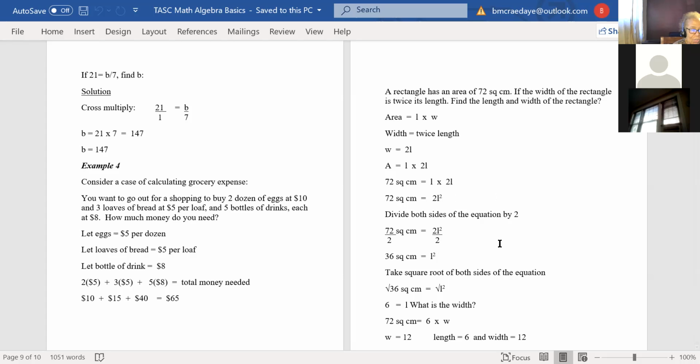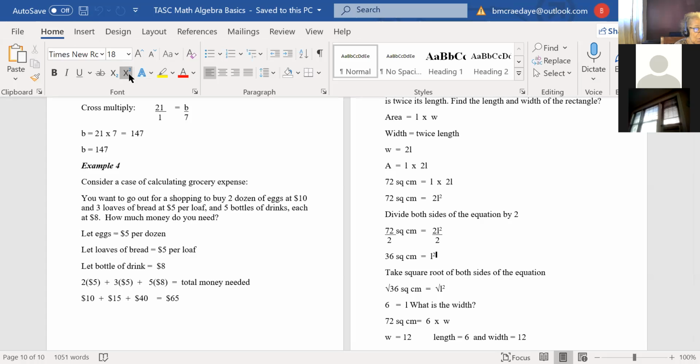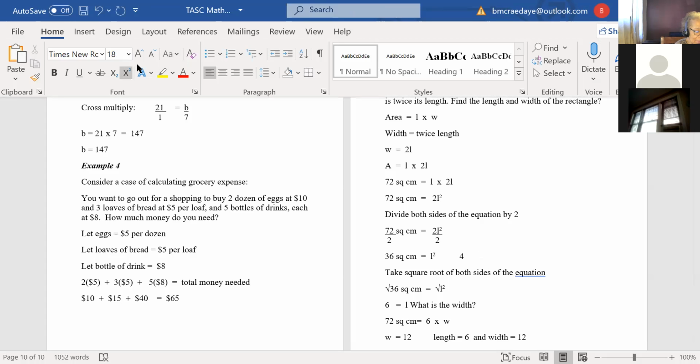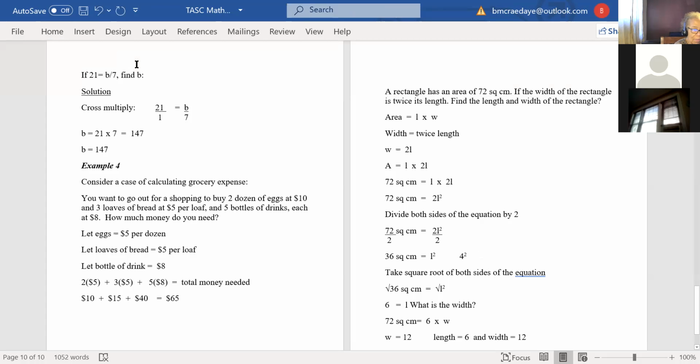Now, to find L, if you have a square, remember we say take the square root of a square, that gives you the variable or a number, if it were a number. In other words, suppose I had 4 and I want to raise this to the second power, right?